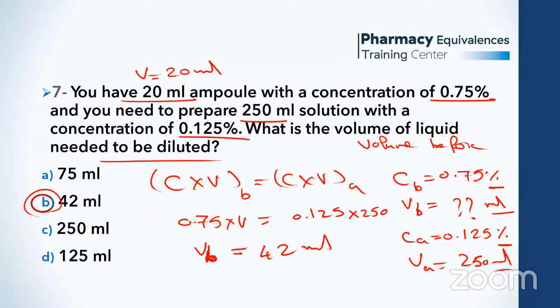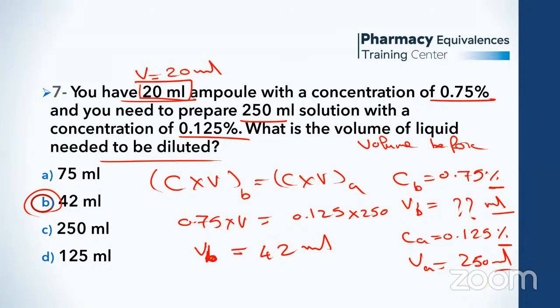Let's see the next one. Here, the presence of 20 milliliter is like a trick. In this type of question, we don't need this volume. It just mentions the volume of each ampoule.